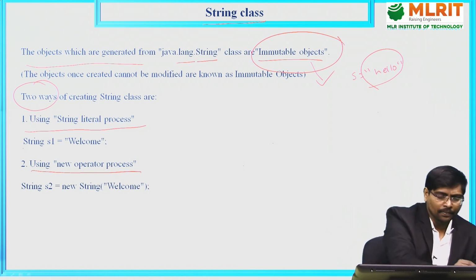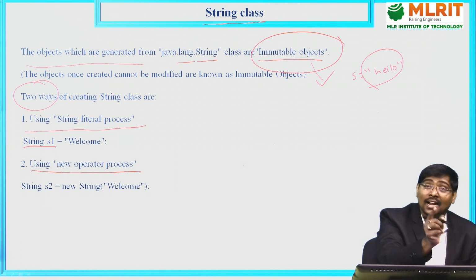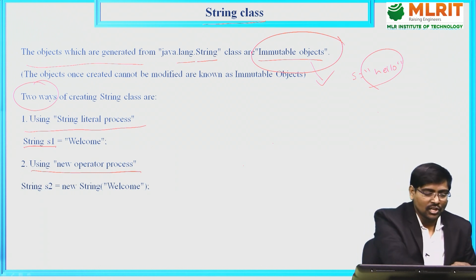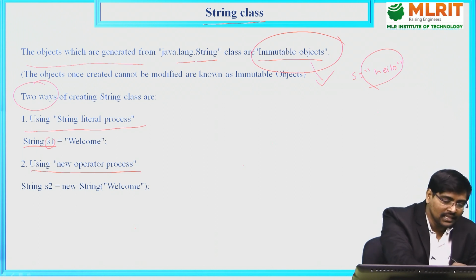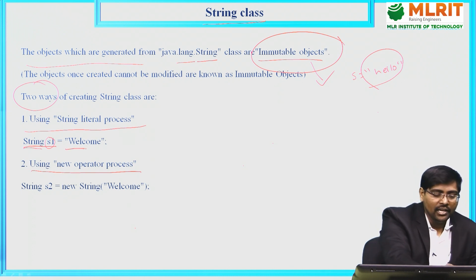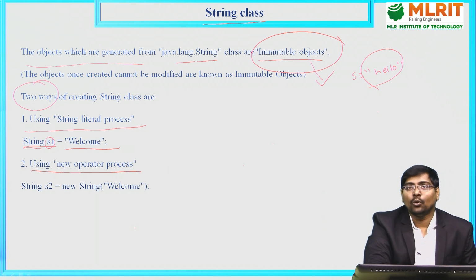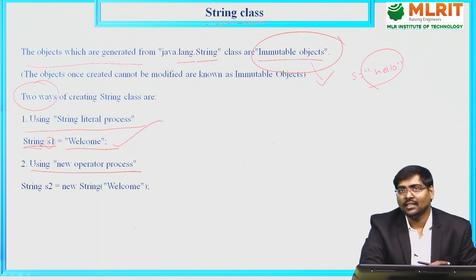See this one. What is the data type? String. Here actually this is not a data type. String is a class. S1 is the reference variable, that is, S1 is an object of the class String. Directly you can assign within double quotation. This is one way of creating the string.